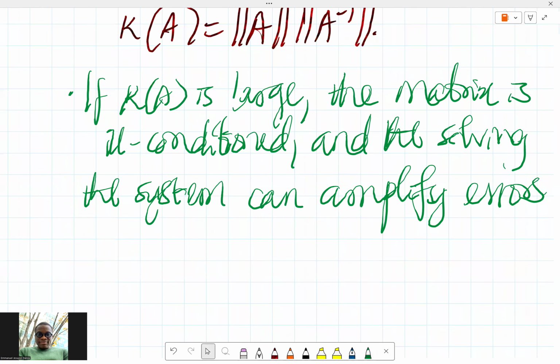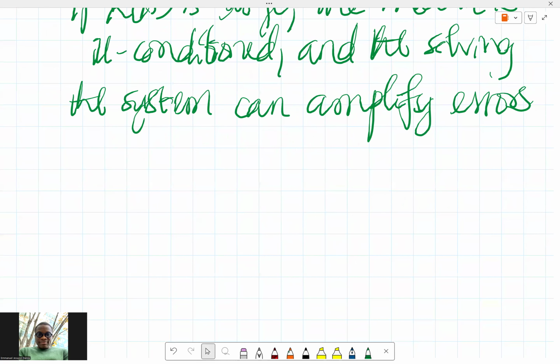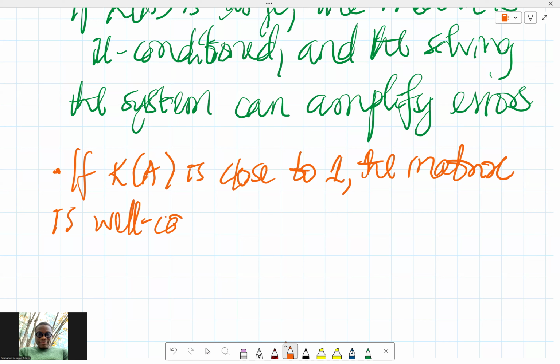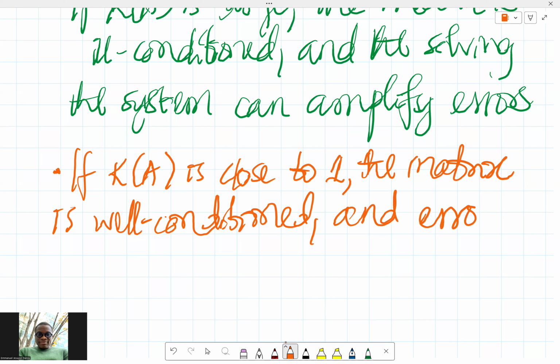On the other hand, if K of A is close to 1, the matrix is well conditioned, and errors have minimal impact.